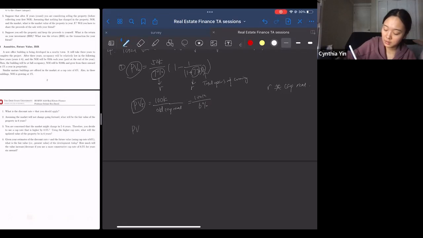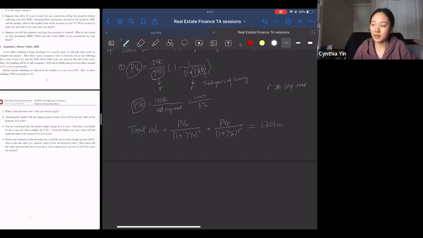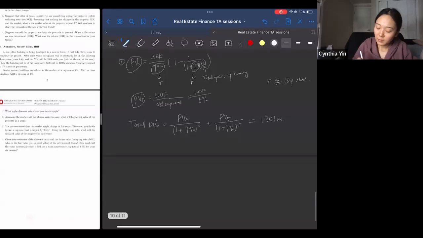So total PV at year 0 is, you need to discount PV2 to today plus PV5 also discounted to today. And what you will get is around 1.3 million. So this is the right way to solve this question.